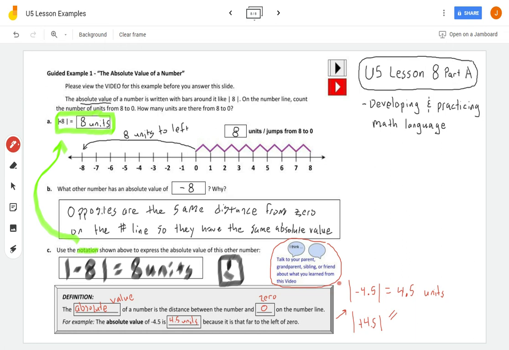What skills, what vocabulary did you learn? And the reason for this, for yesterday and today and tomorrow, is we want to be developing and practicing math language. This is a new language for us, and we want to continue to develop these words and use them, not just have them spoken to us, but also speak them back to somebody else and explain what we're learning.